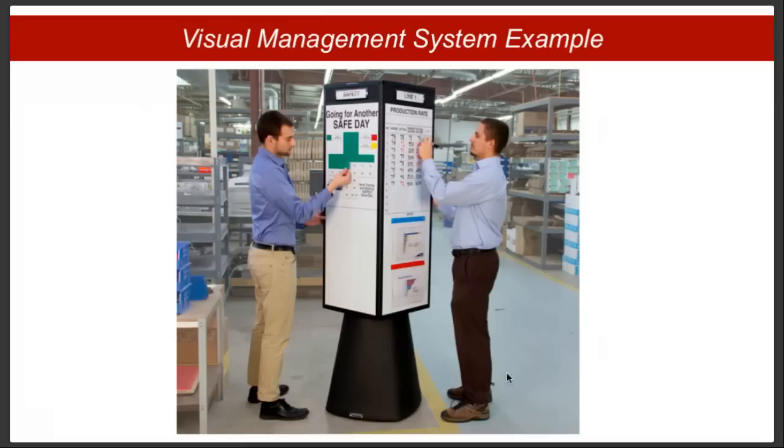It's going to indicate if there were any accidents, or change the productivity metric, or change the schedule attainment metric, whatever metrics are most important to you.